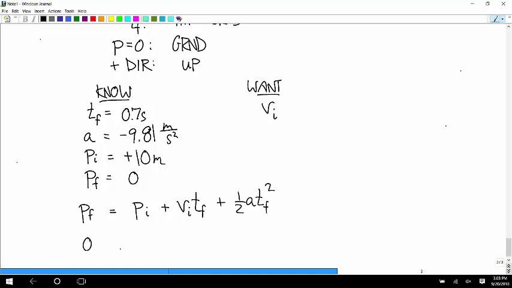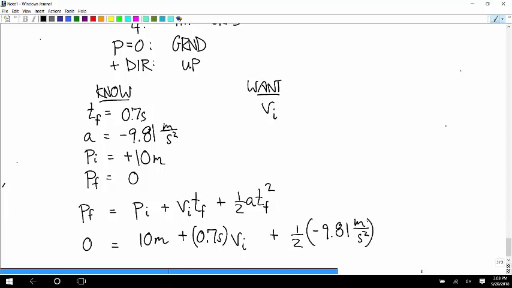So we have 0 is equal to 10 meters plus 0.7 seconds times VI plus 1/2 times negative 9.81 meters per second squared times 0.7 seconds squared.